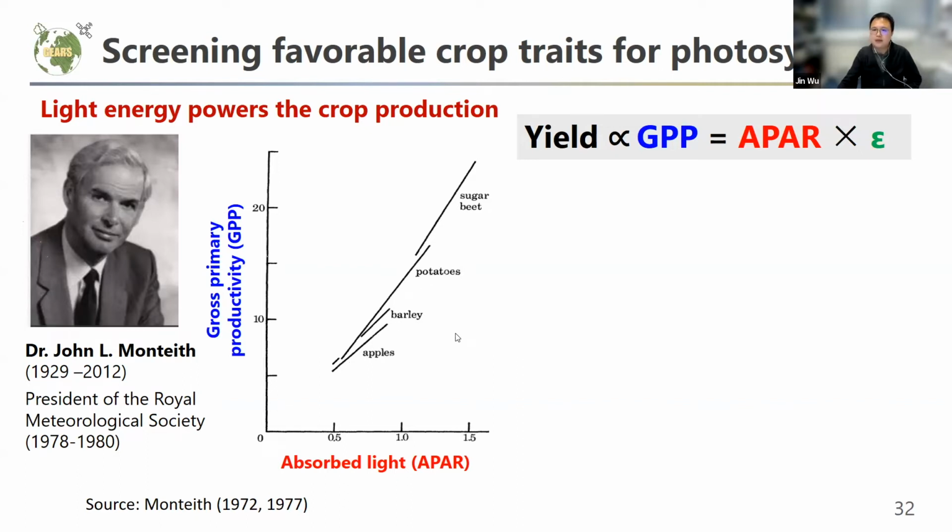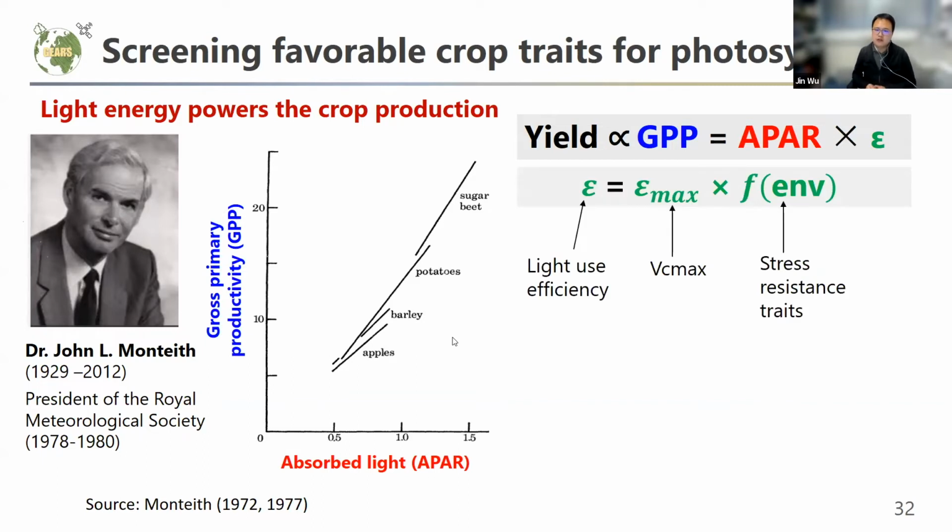What determines the light use efficiency? Normally it can vary with a couple of things. One is the physiological trait, like the Vmax we mentioned before, which is the photosynthetic capacity. It can also be relevant to stress resistance traits, and definitely the environmental response function as well.